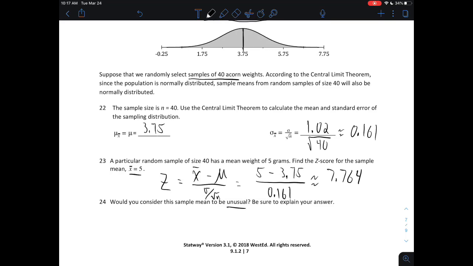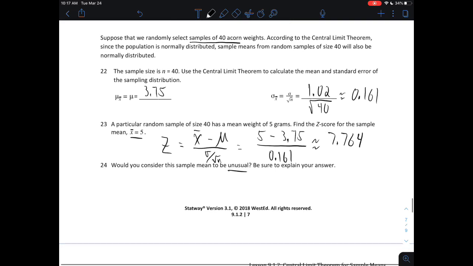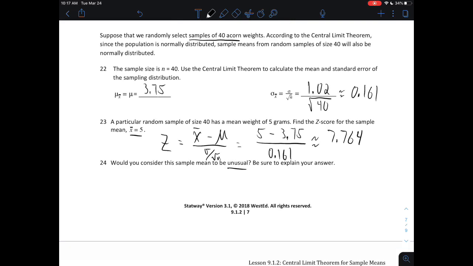So then finally, number 24, would you consider this sample mean to be unusual? Be sure to explain your answer. So let's think about what we've seen with z-scores. Usual z-scores are those that are within 2 standard deviations of the mean, meaning z-scores as low as -2 and as high as +2. Those are usual. This z-score that we just got in number 23 is higher than 2.